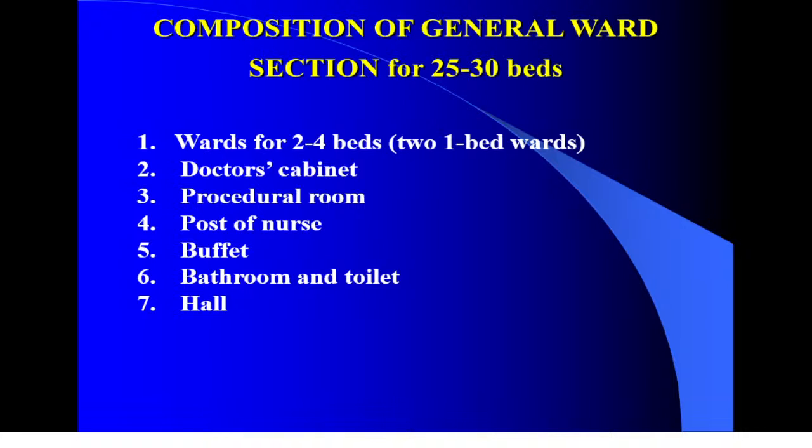And what is the composition of a ward section? First of all, it's wards, with different numbers of beds. Obligatorily there must be 1 bed wards, 2 beds wards, and 3-4 beds wards. It's a normal number of beds in the hospital. There must be 60% of all wards with 3-4 beds, and 20% each of 1 and 2 beds wards.